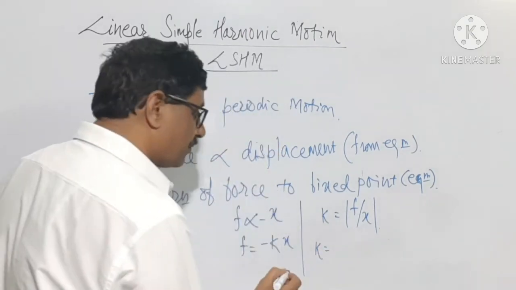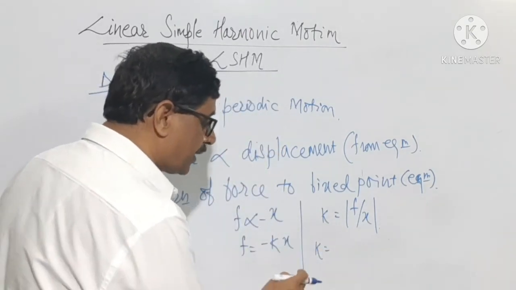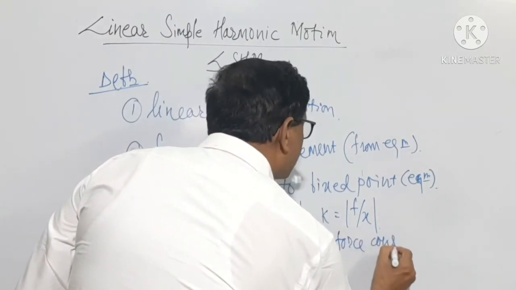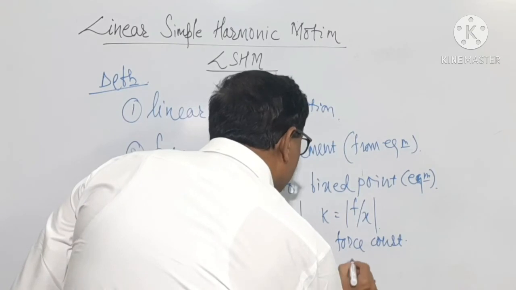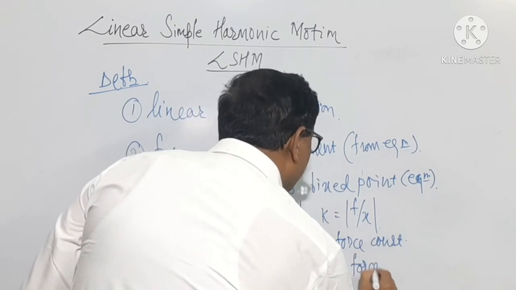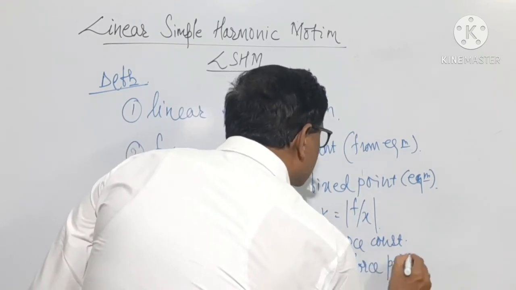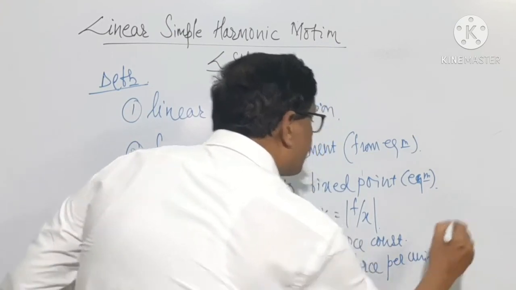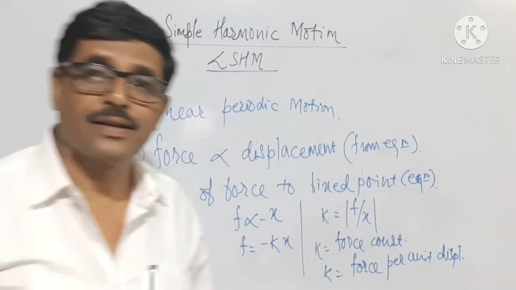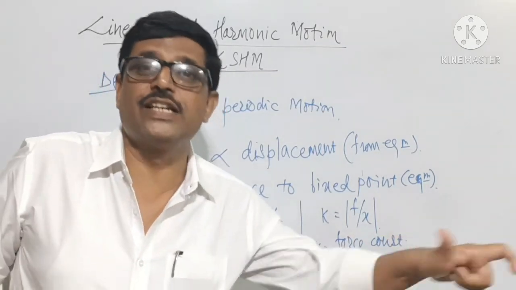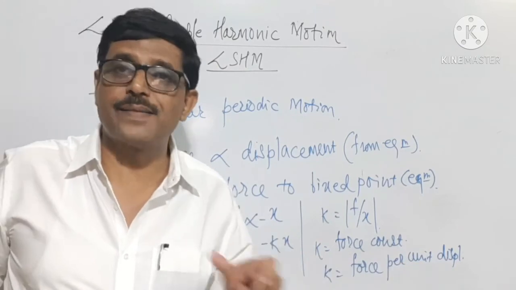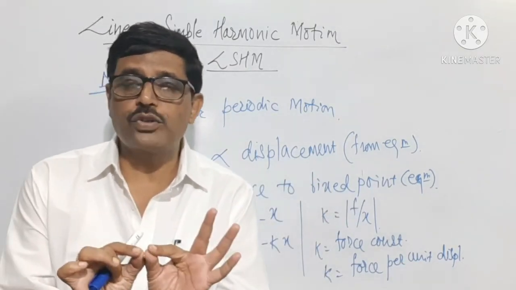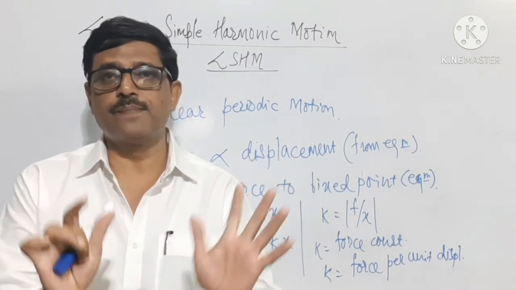Therefore, k, the constant of proportionality, which is called the force constant, is force per unit displacement. This k plays a very important role in deciding the period of oscillation of that particle in simple harmonic motion. This is all about linear simple harmonic motion.